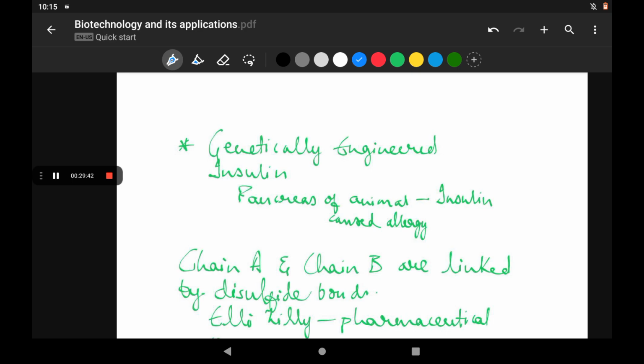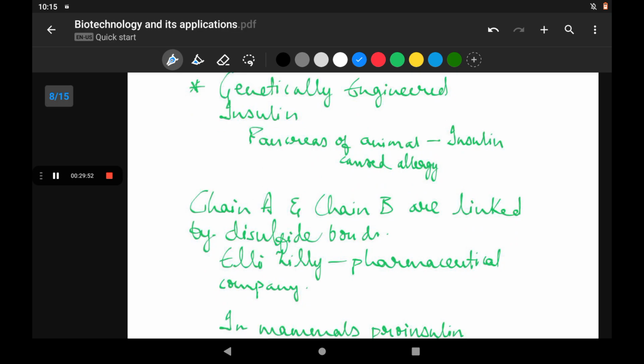But nowadays, we are using genes to synthesize chain A and chain B separately, as was done by an American pharmaceutical company, Eli Lilly. They produced chain A and chain B separately, and linked them later to form the disulfide bonds.